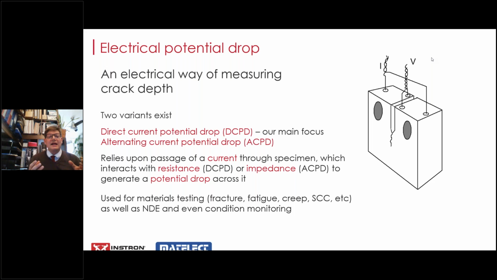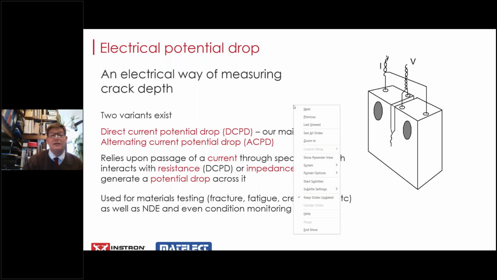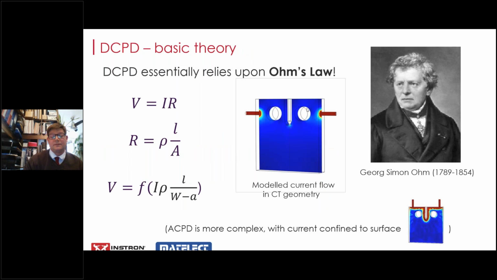There's also ACPD, which is an alternating current, and then the magnetic properties push the current to only the surface of the specimen. So they're the two differences, but basically we're looking today at DCPD or EPD. That's where electrical current just flows through the specimen, and we'll consider that as a steady state, and the magnetic effects are minimal.